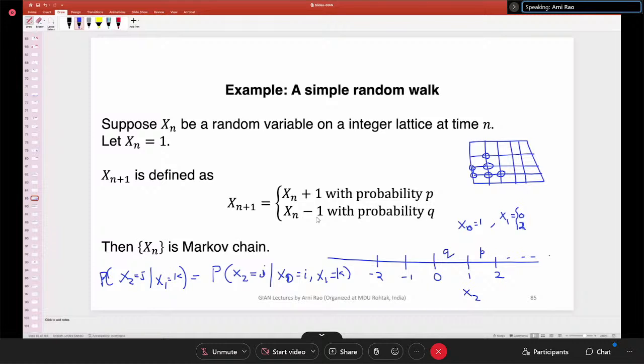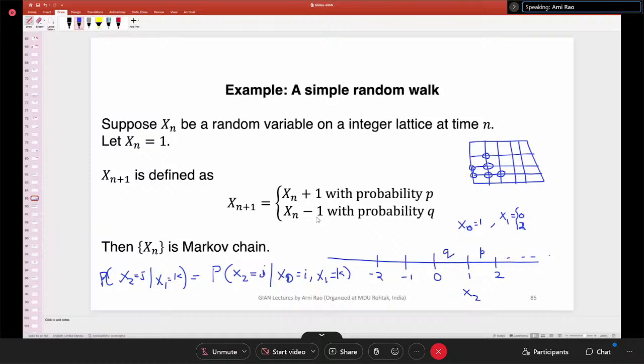The idea was, when a gambler goes to the gambling arena with, say, 10 rupees in the pocket, each time you win a game, you get 1 rupee, so 10 becomes 11 rupees.